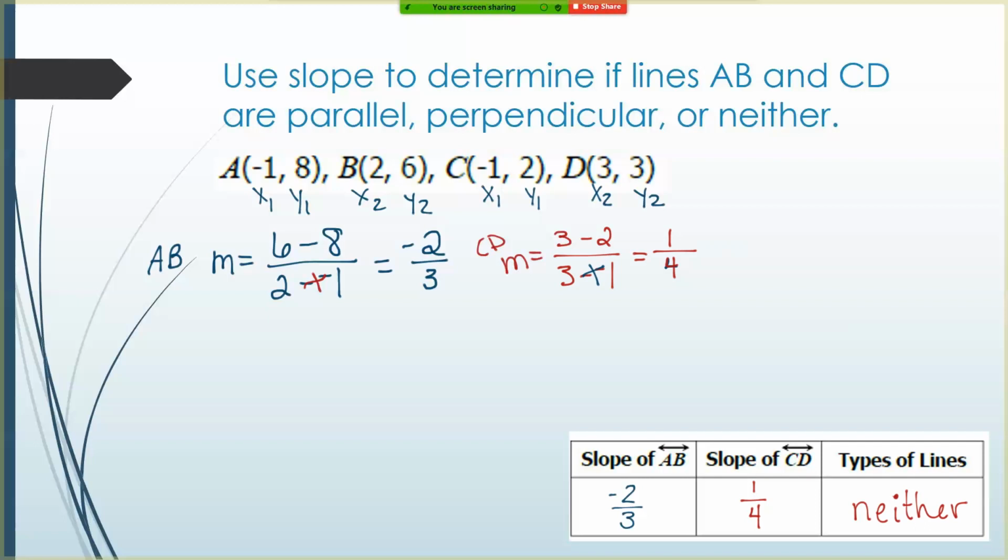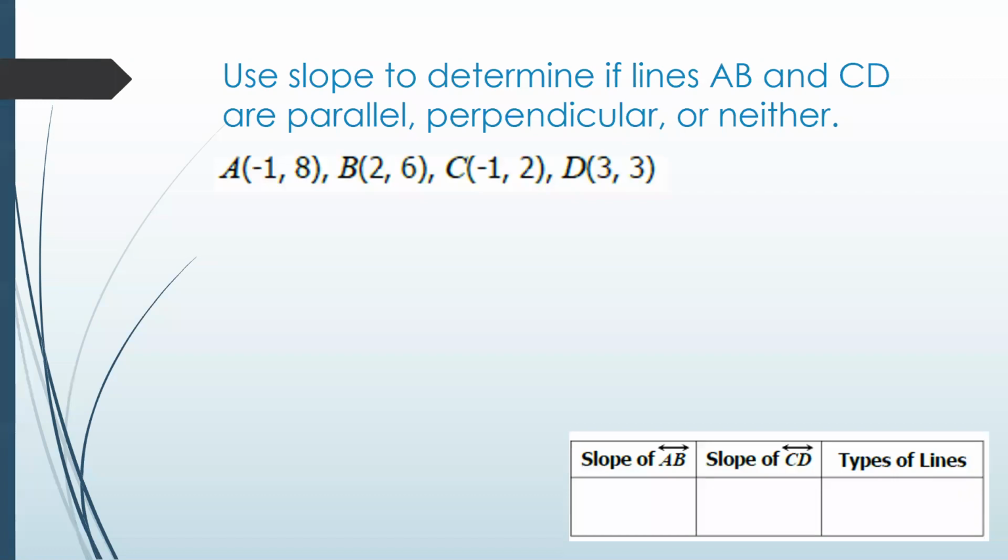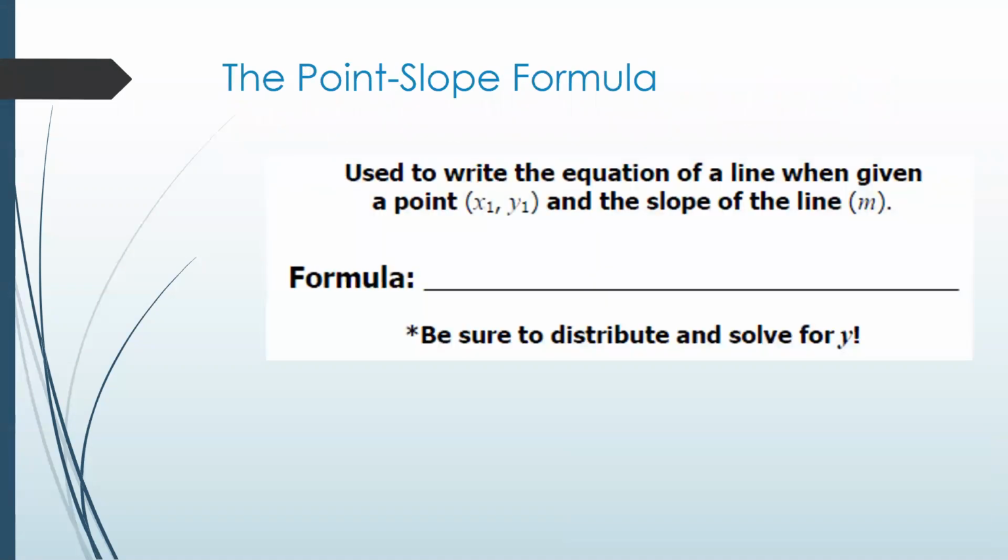Moving to the next slide, the more algebraic side, maybe. We're going to use the point slope formula. So point slope formula is used when you're given a point x1, y1, and the slope of the line, which is m.